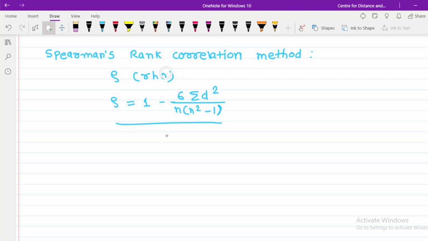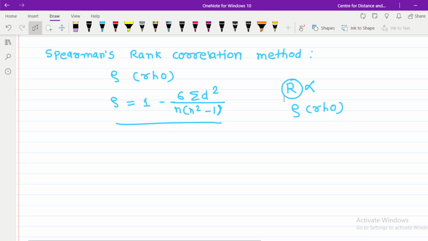In the same book, on page number 84, by printing mistake, rho is typed by R, but we denote Spearman's rank correlation coefficient by the symbol rho. Okay.